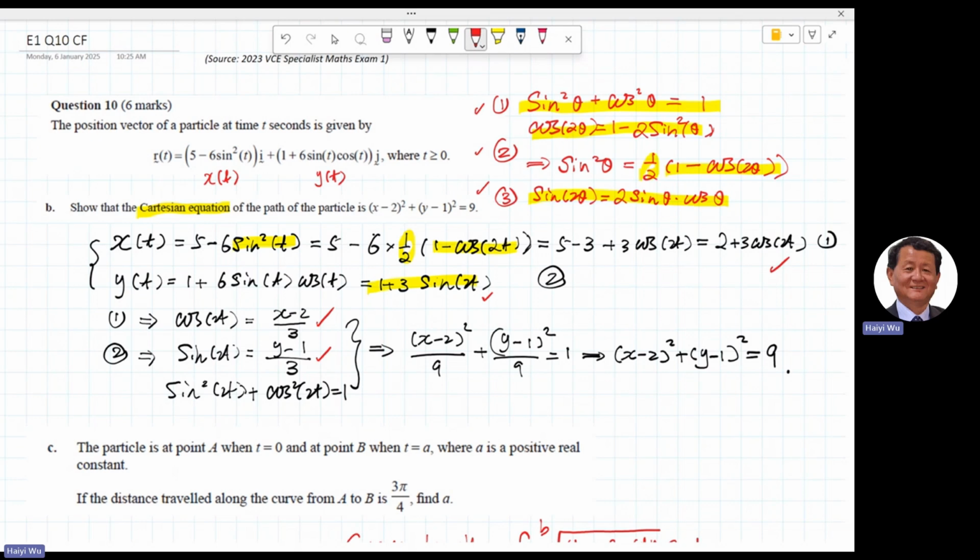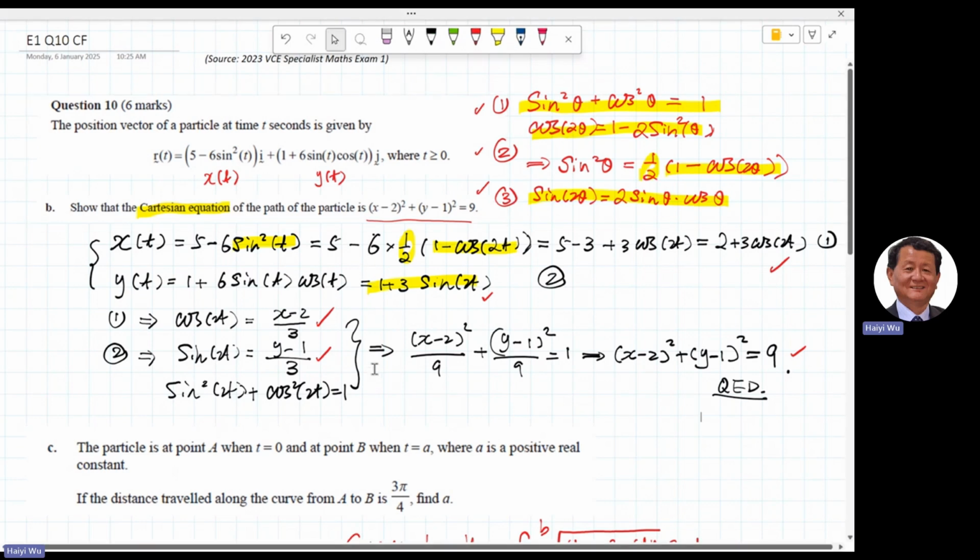Then using the Pythagorean identity, we get (x minus 2) squared plus (y minus 1) squared equals 9. So we proved that it was correct.